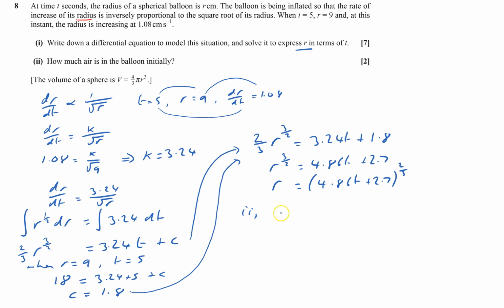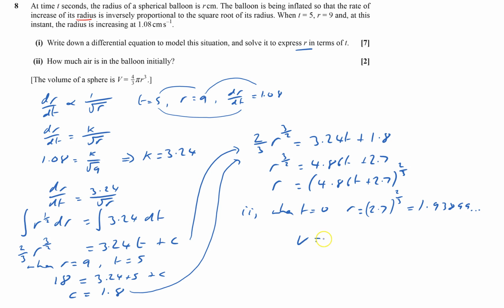Part 2. How much air is in the balloon initially? Well, it gives us a formula here. So first off, we know when t equals 0, we put in t as 0 here, and that would give me r equals 2.7 to the power of 2/3, which equals 1.93899.